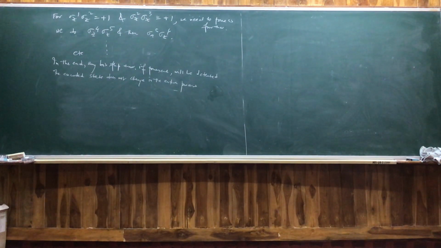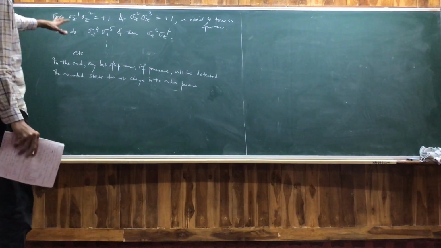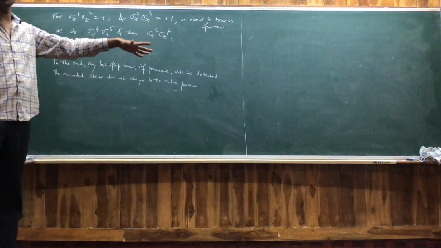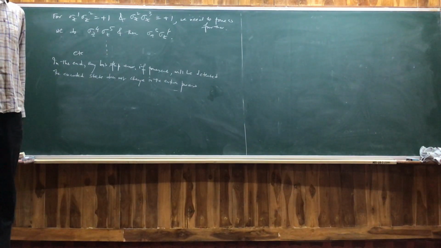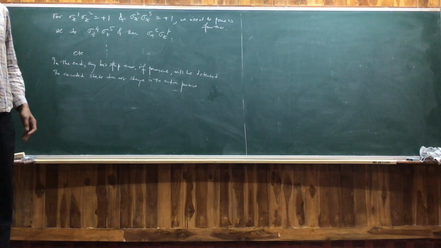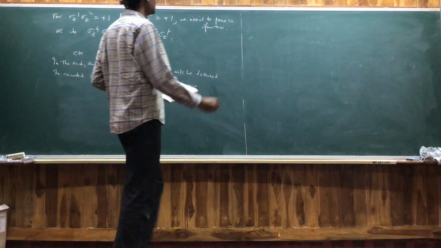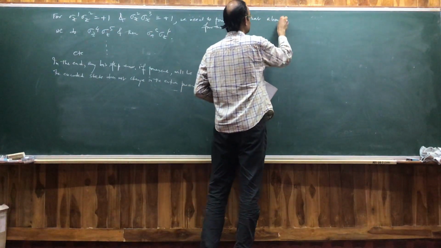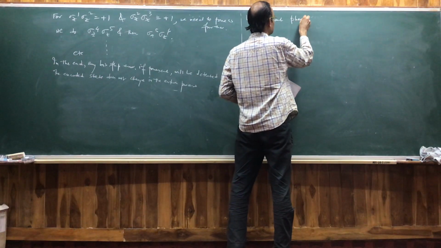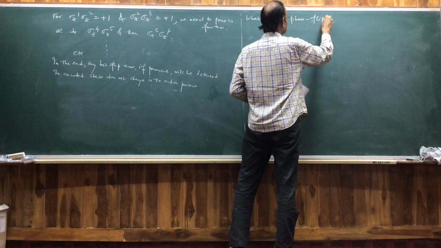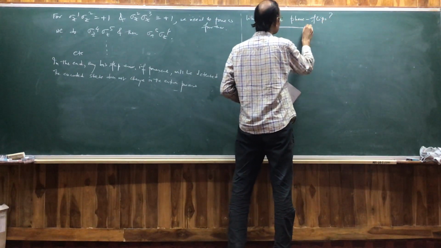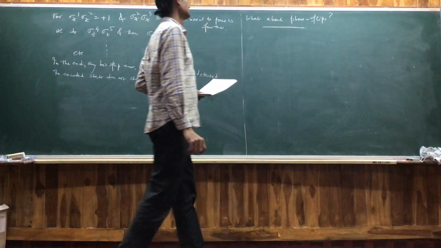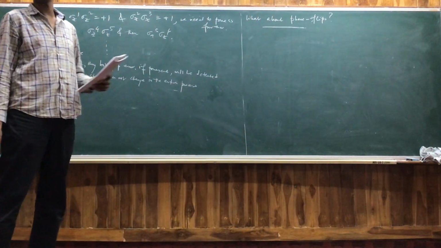We don't yet know whether the state that we have got through this entire process has a phase flip error in the encoded system. So we will now study this for the same code.